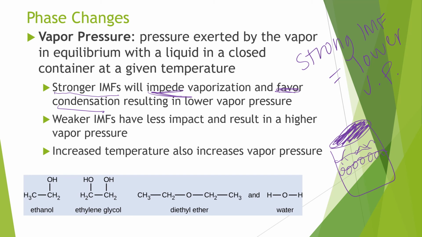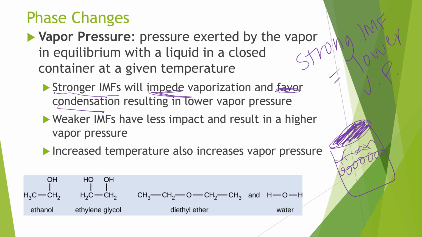Something that can be a little bit confusing is thinking about this in both directions. So if I have a substance and I am increasing in temperature, so I would be going from liquid to gas, my increased intermolecular forces are going to make it harder to vaporize. But think about if we're going the other direction.